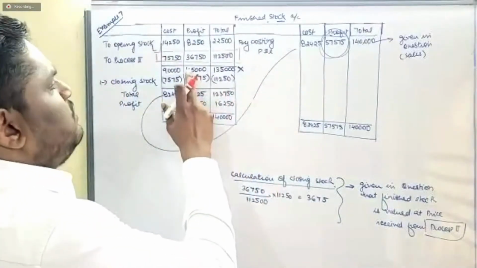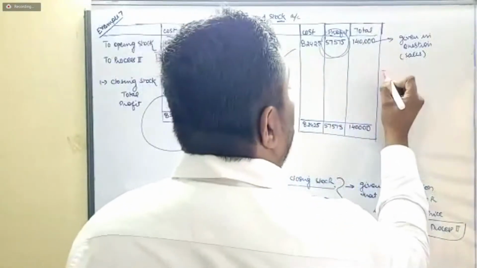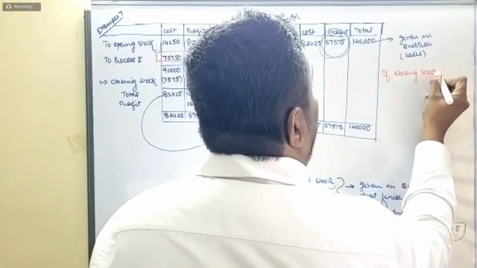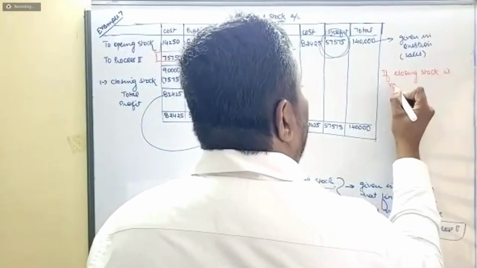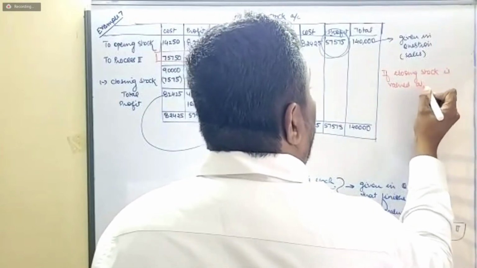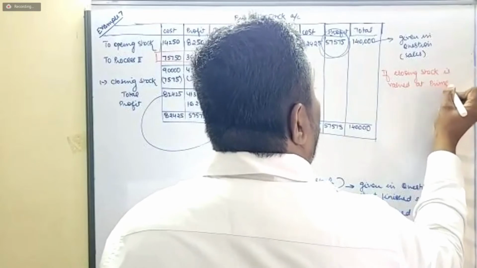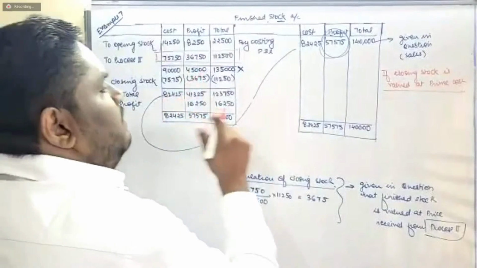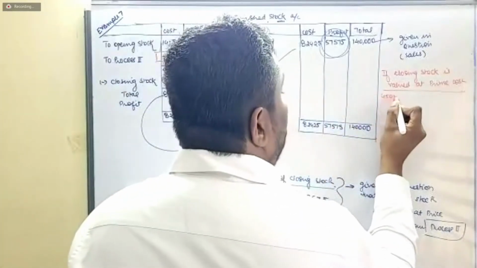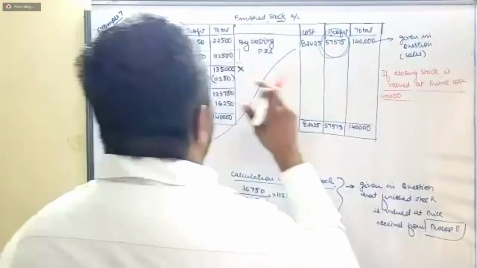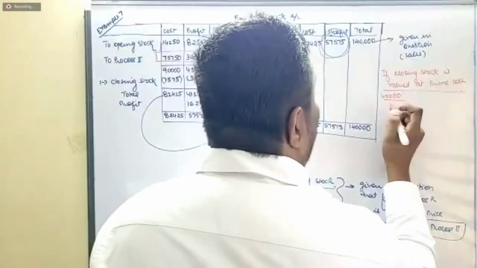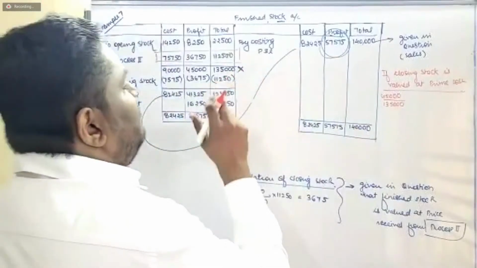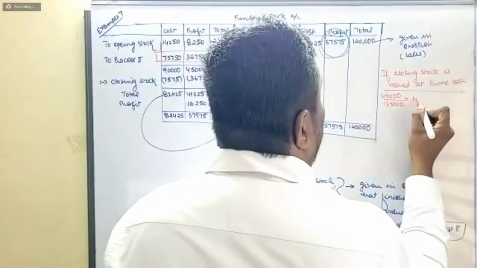So see, if closing stock is valued at prime cost, very simple, guys. 45,000 is the total profit that is included in the prime cost, and the total is 1,35,000. So how much will be the profit for 11,250?